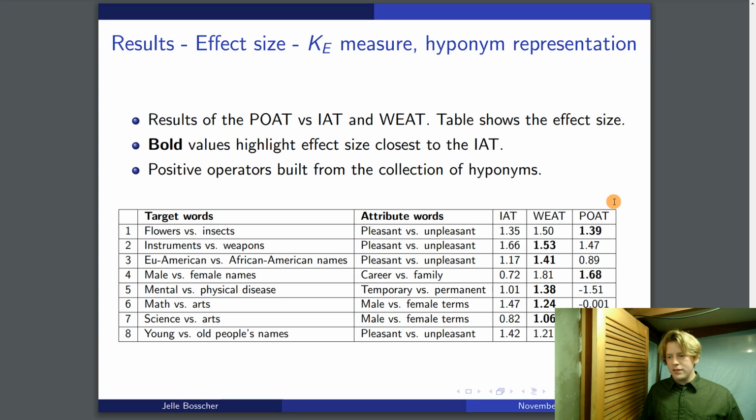And in this table you can see that the POAT actually outperforms the WEAT in 3 out of 8 cases. However, the WEAT still is closer to the IIT in the other 5, and you can also see that the POAT actually has a negative effect size here, meaning that the POAT recognizes an implicit bias the wrong way around. Also, it is not able to recognize an implicit bias in row number 6.